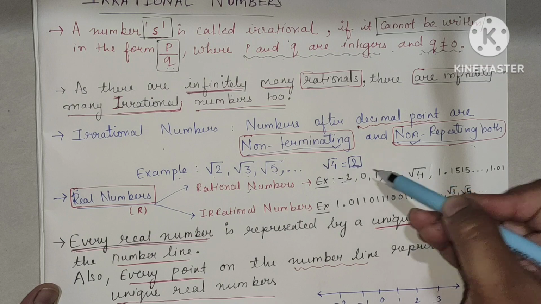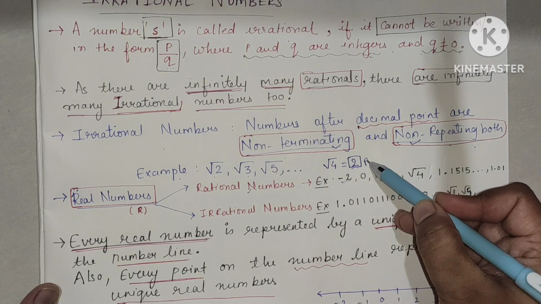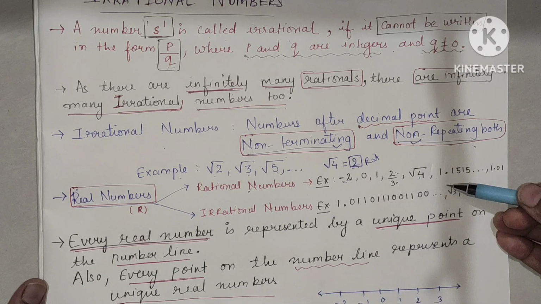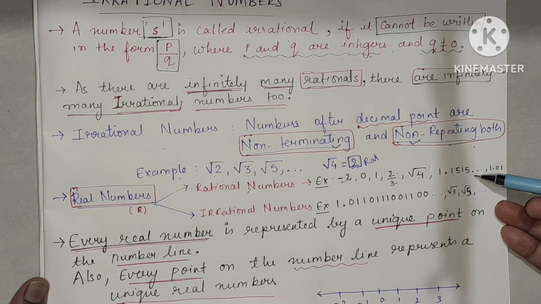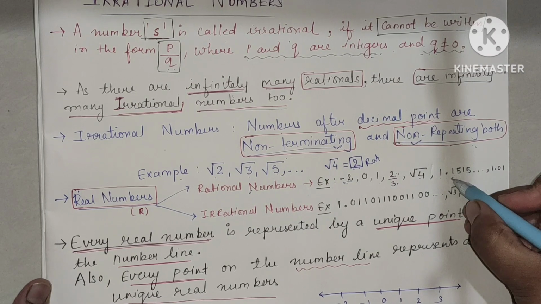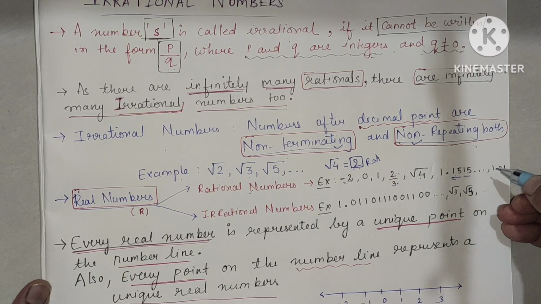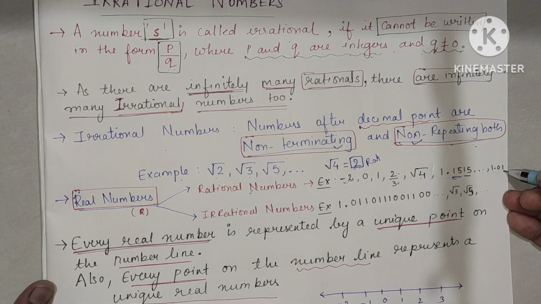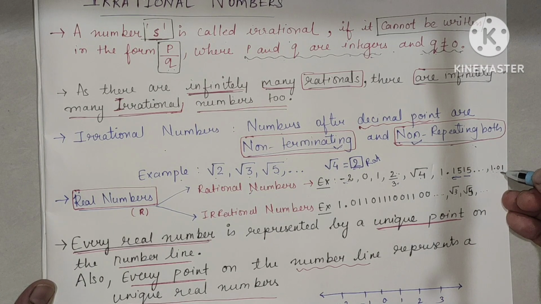Square root of 4, as we have seen, is a rational number, not an irrational number. 1.1515 and so on: here after the decimal the numbers are repeating. Here 1.01, the number after the decimal is getting terminated. So this is rational.